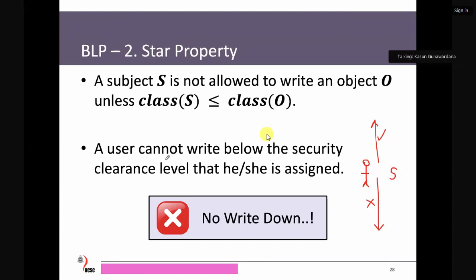So you might be wondering why it does not allow writing to lower levels. You may feel like, okay, why don't we allow someone to make the data available for the lower levels rather than writing to the upper level?